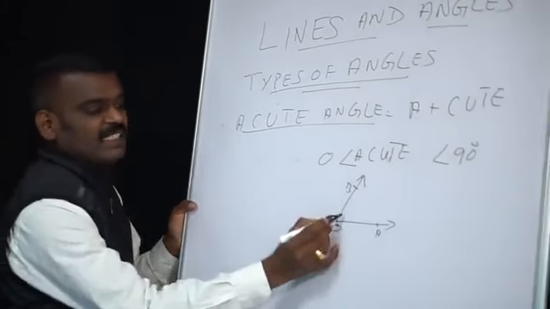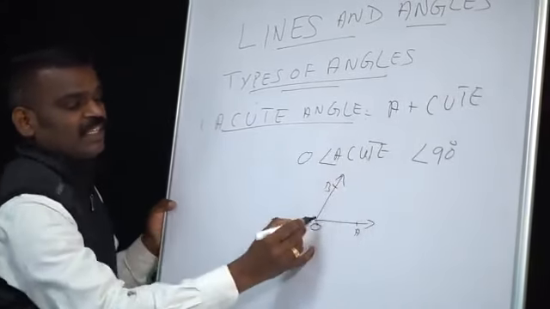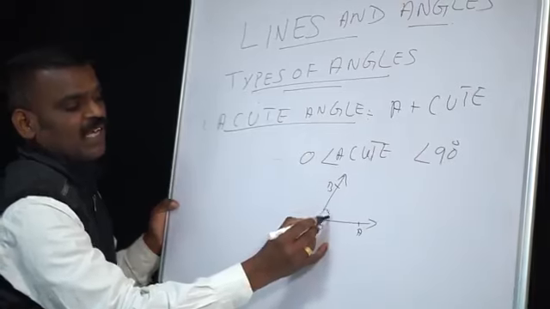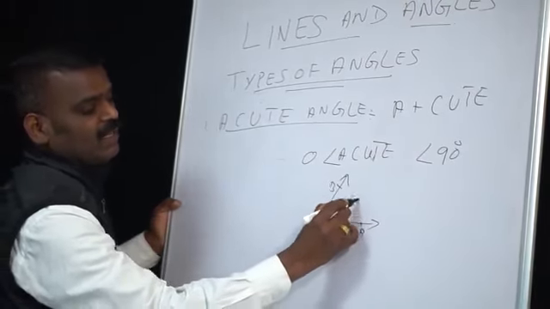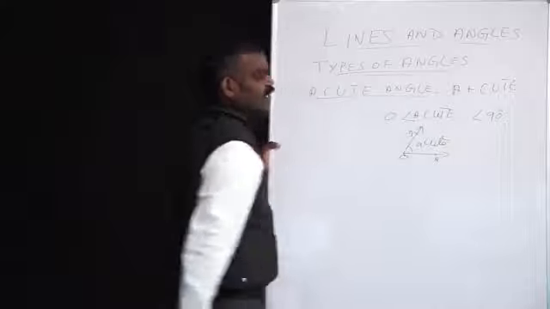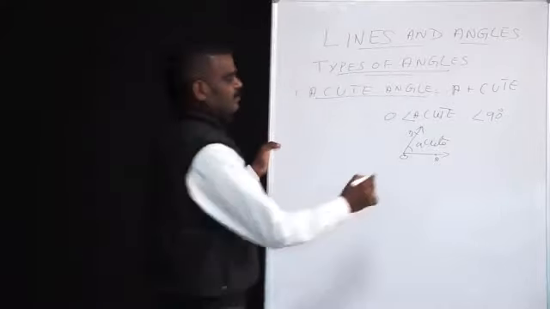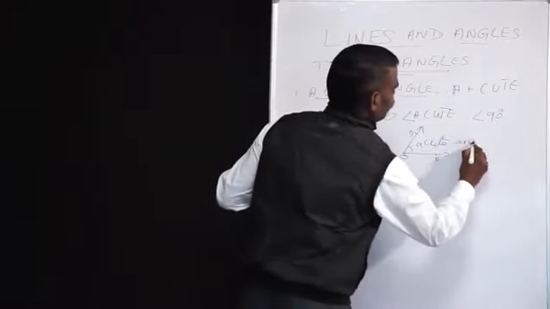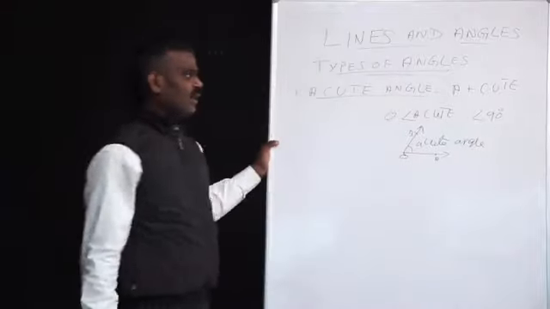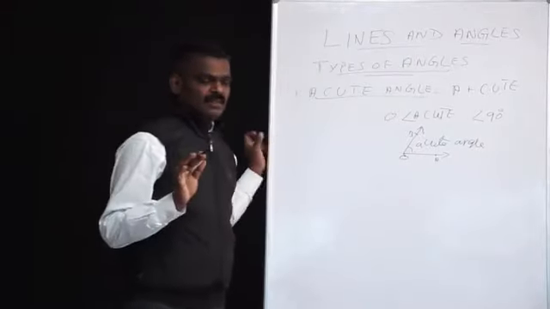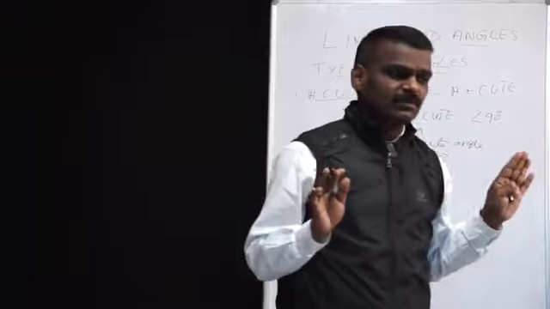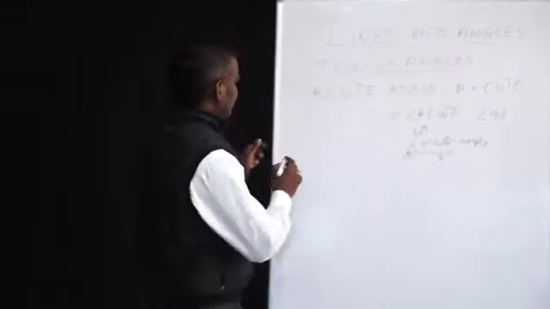So, this angle is less than how many degree? Less than 90 degree, greater than 0. So, this is called acute angle. Clear? Regarding acute angle, any doubts? Okay.